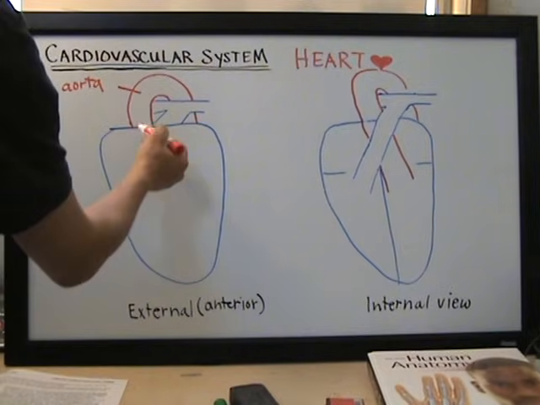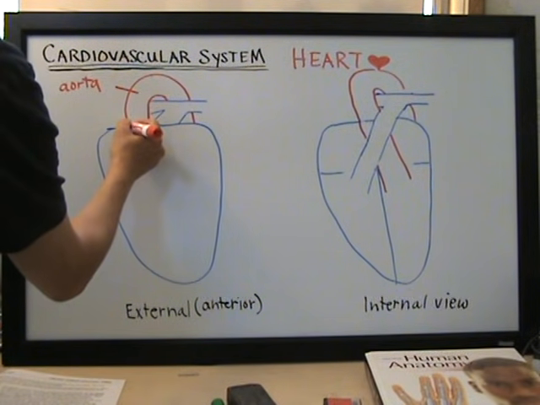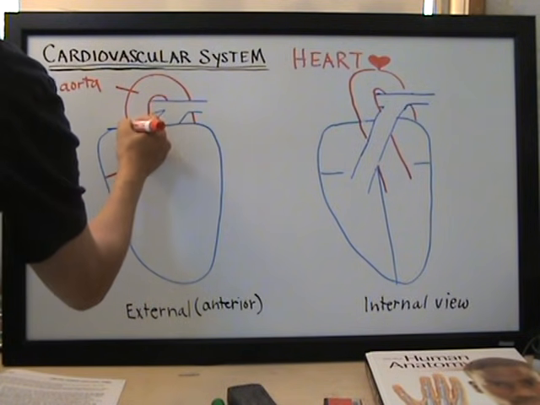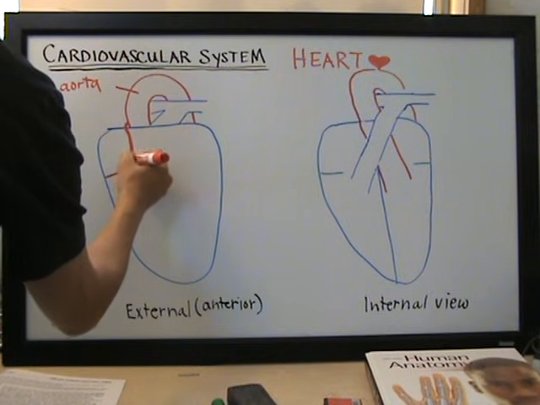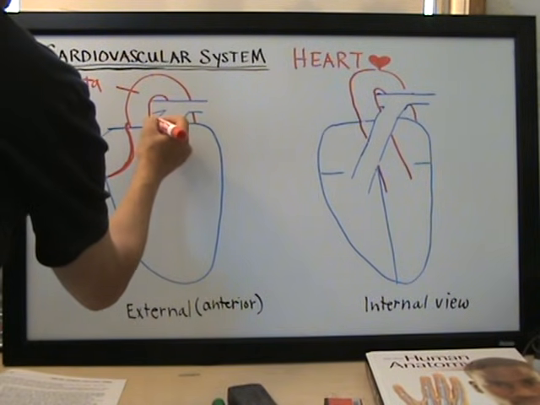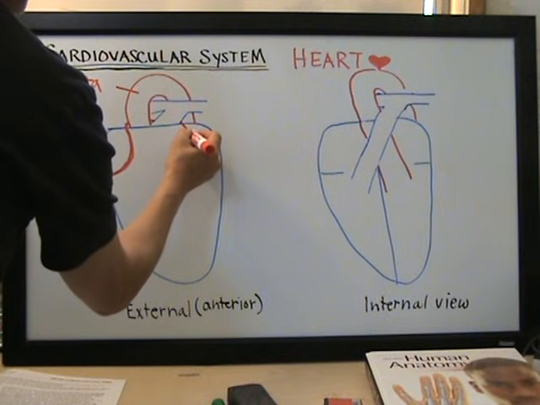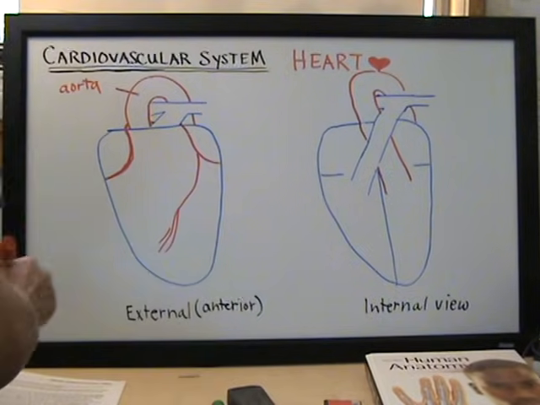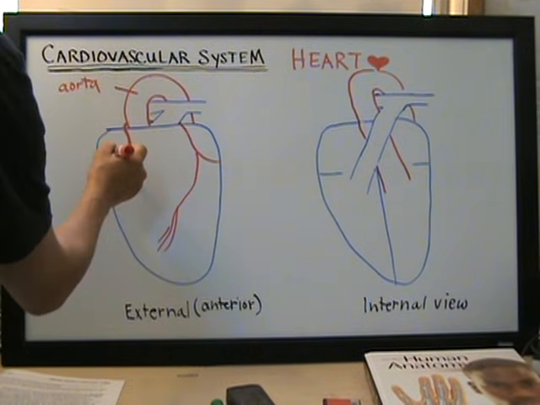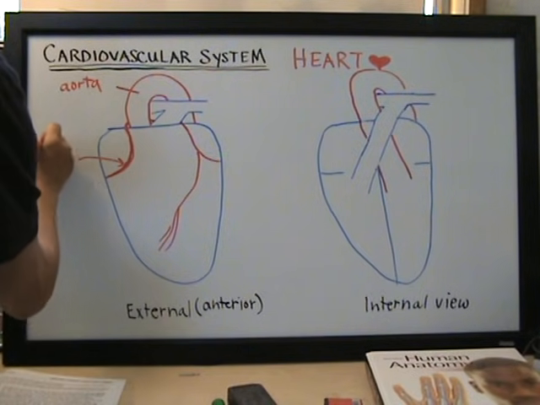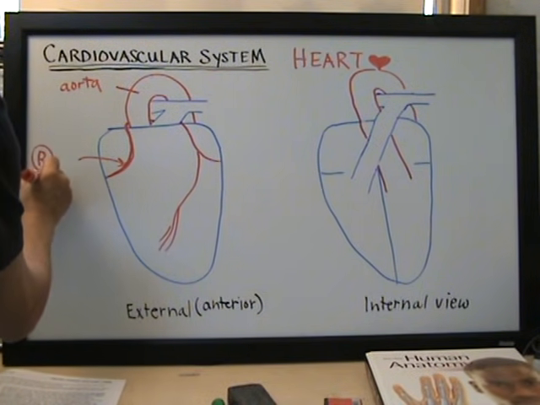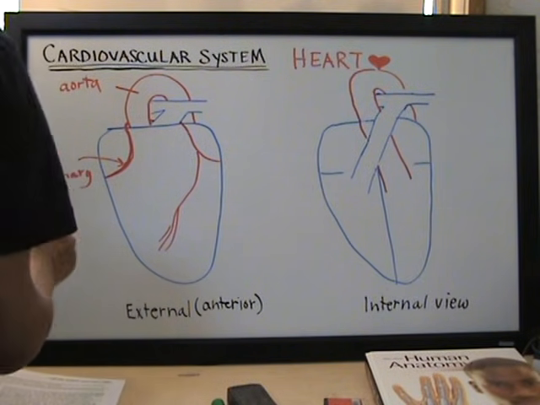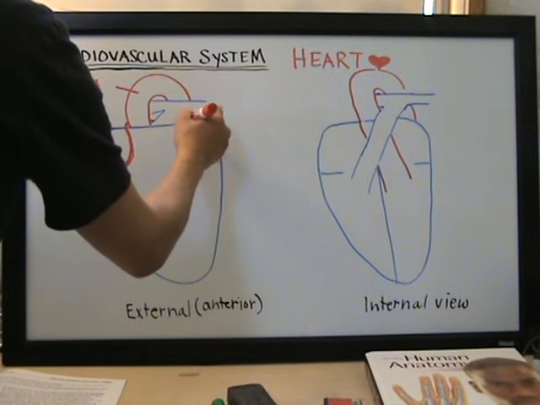So as blood is pumped out of the aorta, blood is pumped out the right coronary artery here, and then the left coronary artery, which goes out here and actually divides into two separate vessels. So this one again is the right coronary. I'm going to put right with a circle. And the left coronary artery.